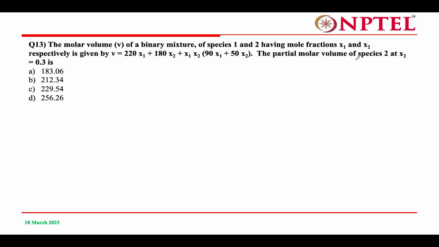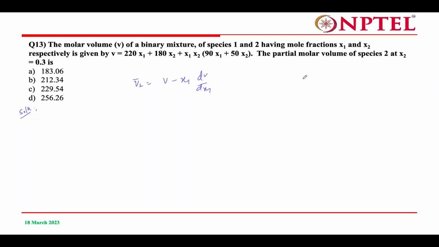The partial molar volume of species 2 at X2 equal to 0.3 is? So the expression is given for V. Now we have to calculate V2 bar. So V2 bar equals V minus X1 dV by dX1, right?